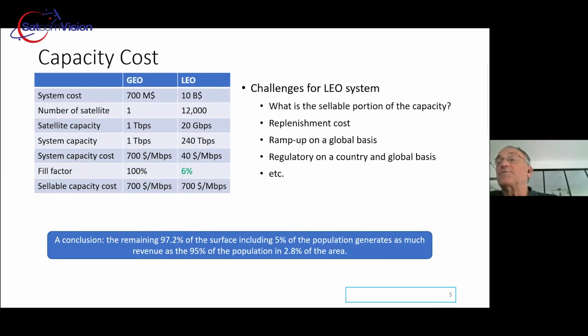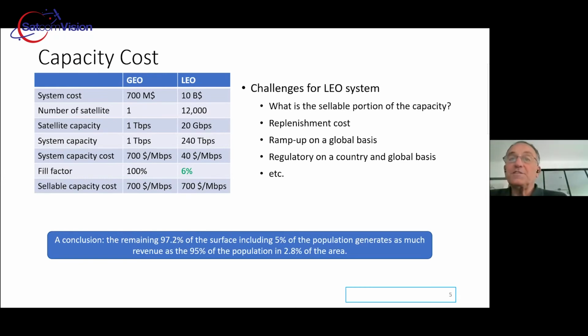However, as I said before, you may have problems selling all that capacity. So what I tried to do is I worked backwards, so to speak, to have a sellable capacity cost of $700 per megabit. You need to use at least 6% of the capacity.